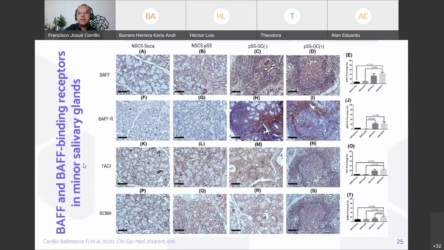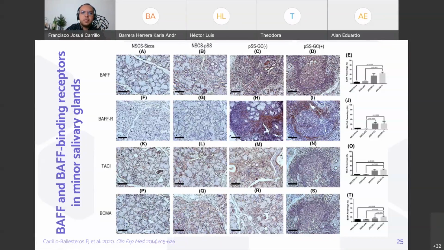So this could be relevant information to understand what's going on between these tissues. We can tell that TACI and BCMA are expressed at a lower level, but they could also be important in these responses.